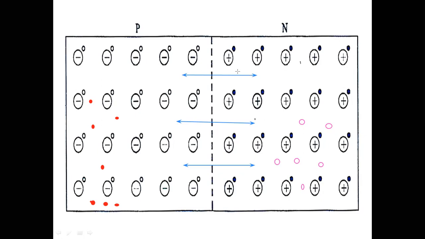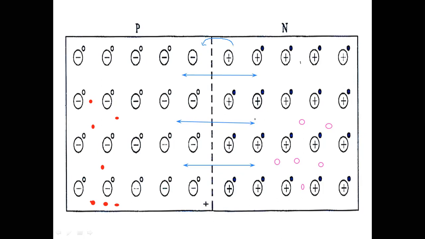So what will happen if this electron recombines with a hole? Just now I told you, this pentavalent impurity atom has no electron, and this trivalent impurity atom has no hole. They are recombined.